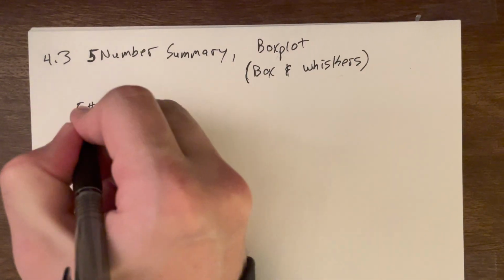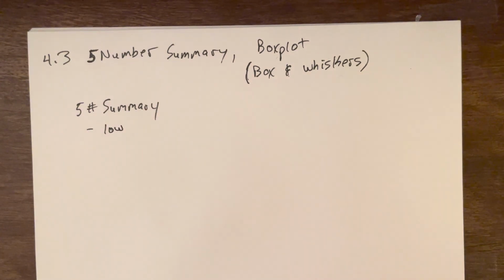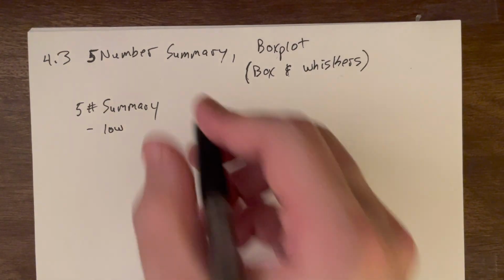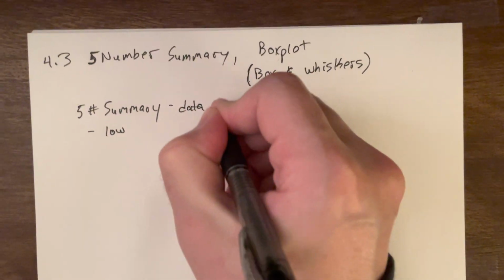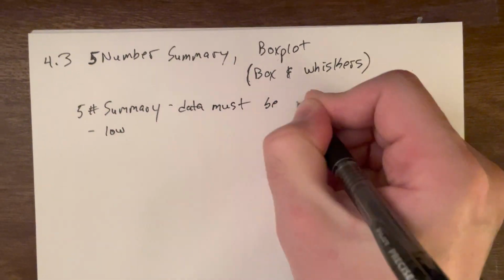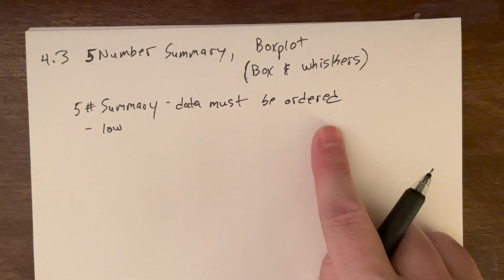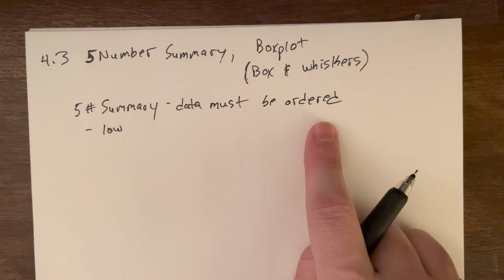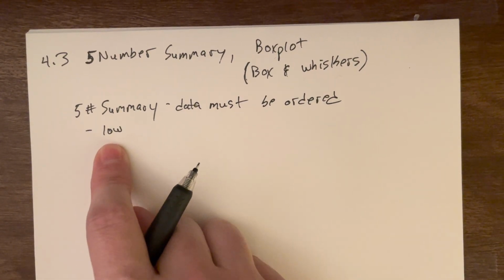But what are the 5 numbers we're going to look for? First thing, everything here is numerical data, and we're going to have to be clear here that our data must be ordered. Again, small to big, big to small. This is a situation most people would definitely go from low to high because the first data value they find is the low.